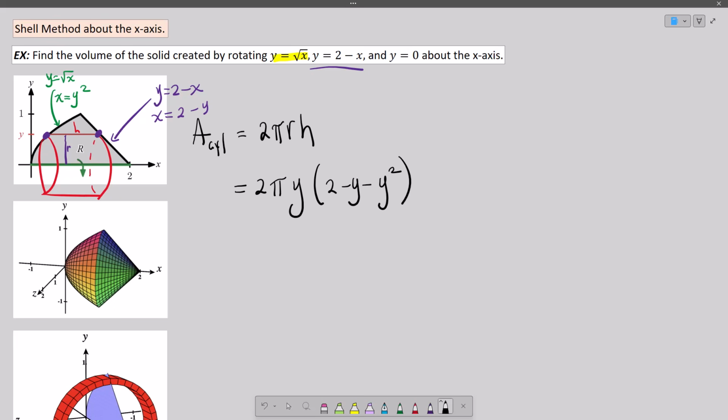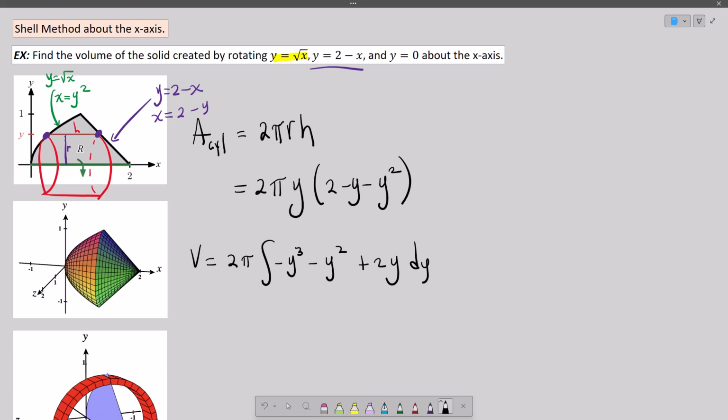H is horizontal, so it's right x minus left x. We have to write each curve as an x value, so we isolate x in both curves. The volume we then find by integrating this. We'll distribute the y so that we have negative y cubed minus y squared plus 2y dy.